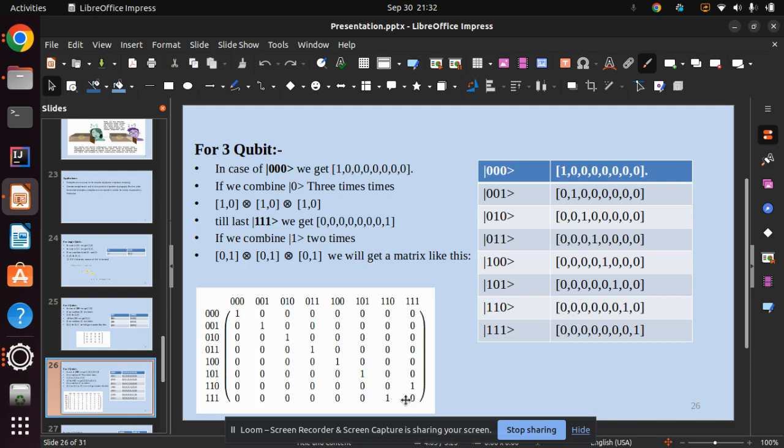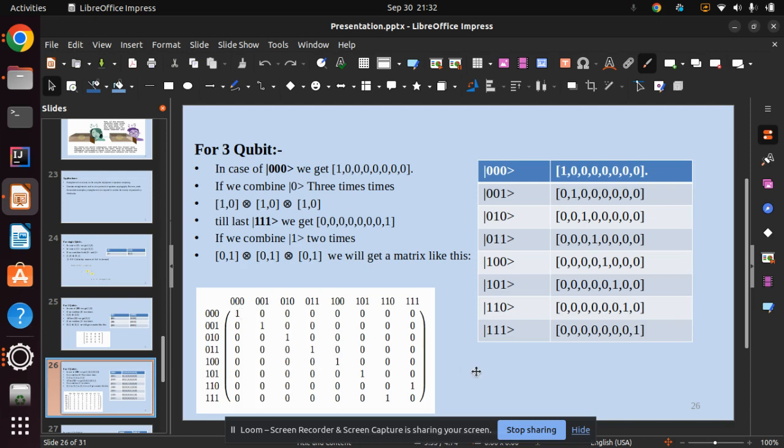Somehow, because of some calculations, it's not basically an identity matrix, as it doesn't follow some rules because of some calculations in it. We have 0 1, and then when we have a tensor product, we'll be getting these values.